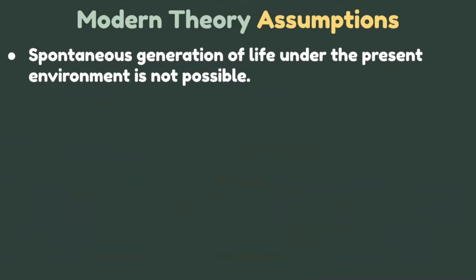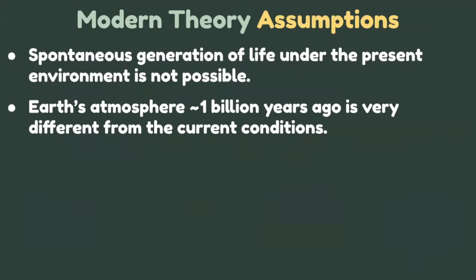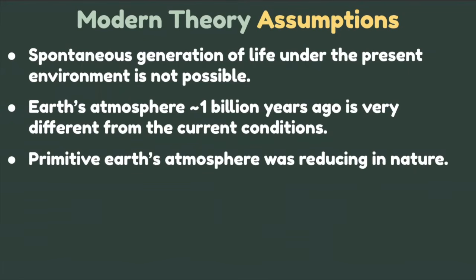First, they said that spontaneous generation of life under the present environment is not possible. Second, Earth's atmosphere around 1 billion years ago was very different from the current conditions. Number three, primitive Earth's atmosphere was reducing in nature.